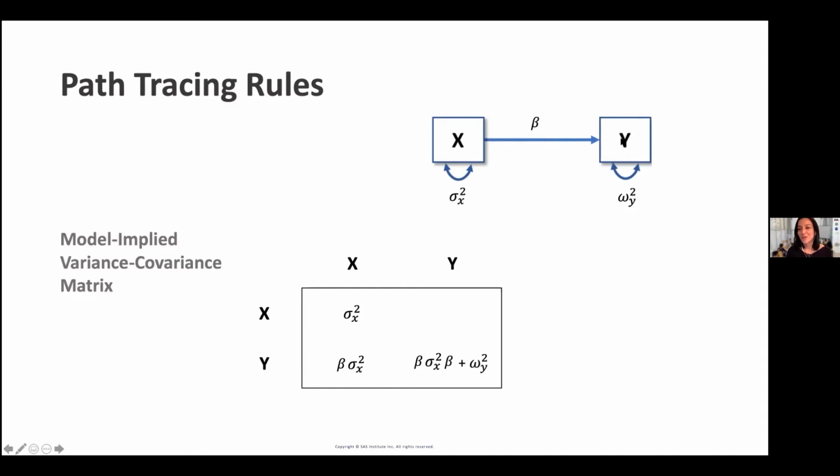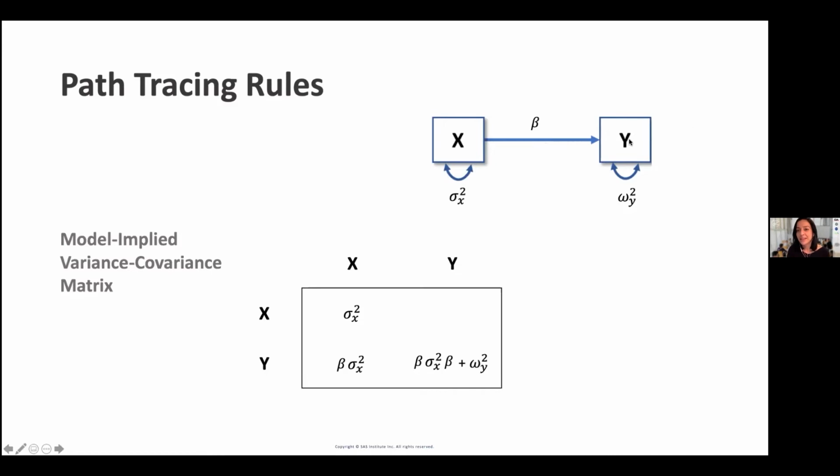Now, the expected variance of y is a little trickier. We can leave through this one-headed arrow, through beta. Then we cannot go back any further, right? So now we know that we can turn around. So we're going to turn around through the double-headed arrow in x, and then we can go forward back to y. So we want to start at y and come back to y.